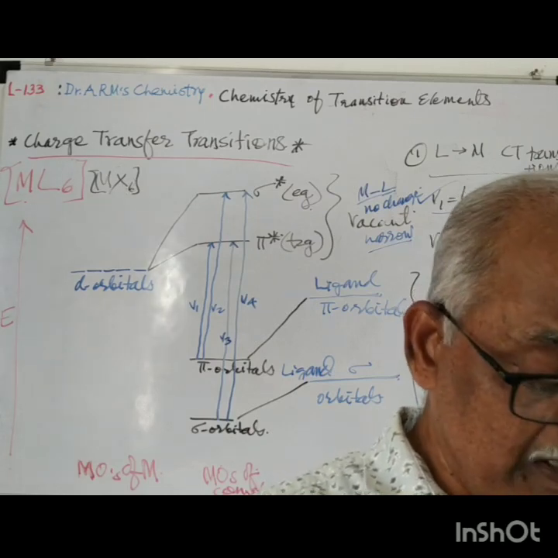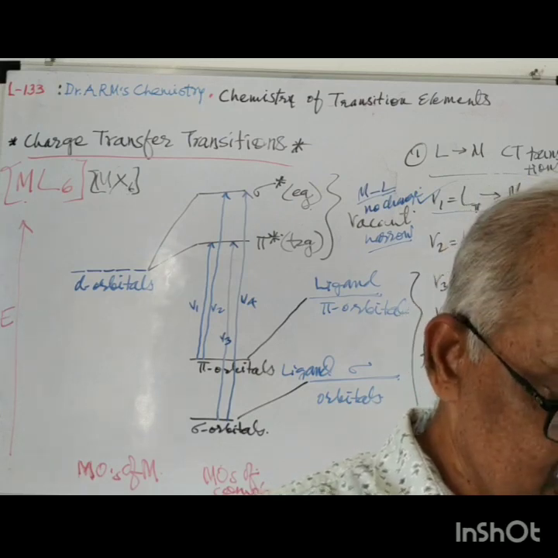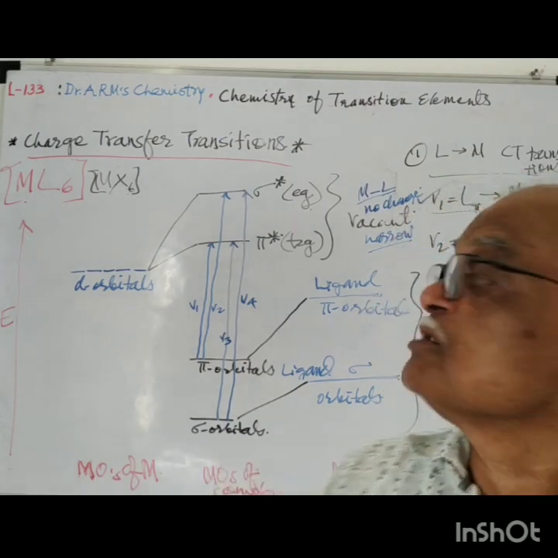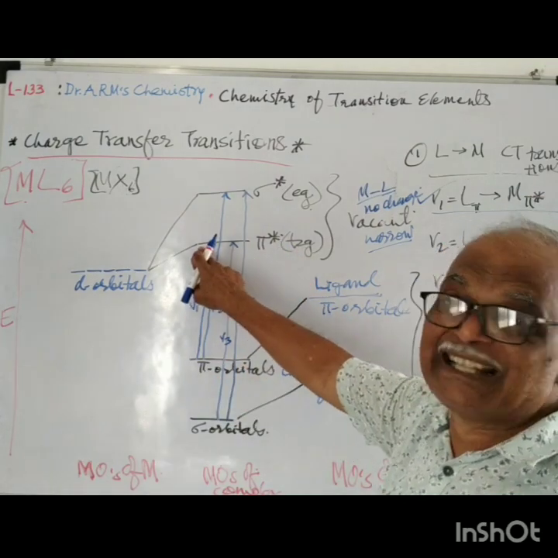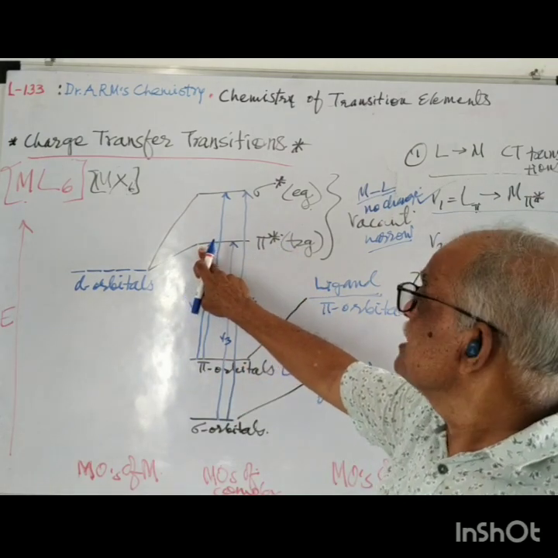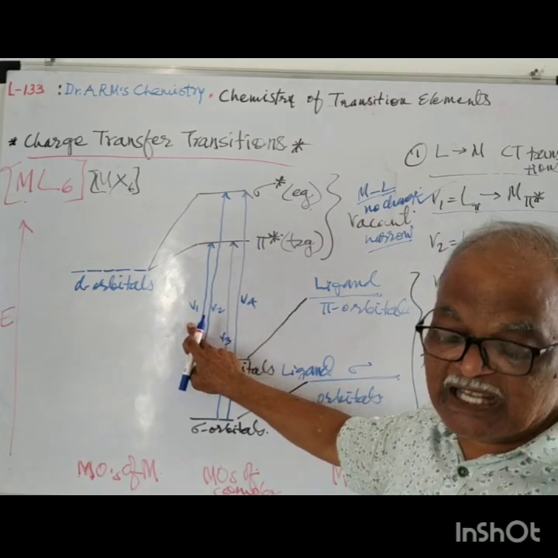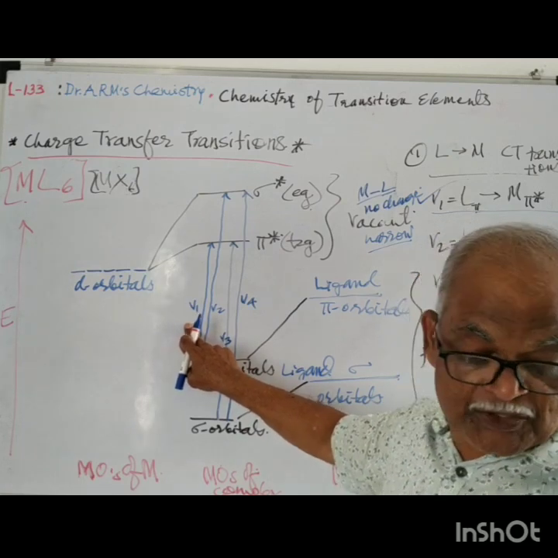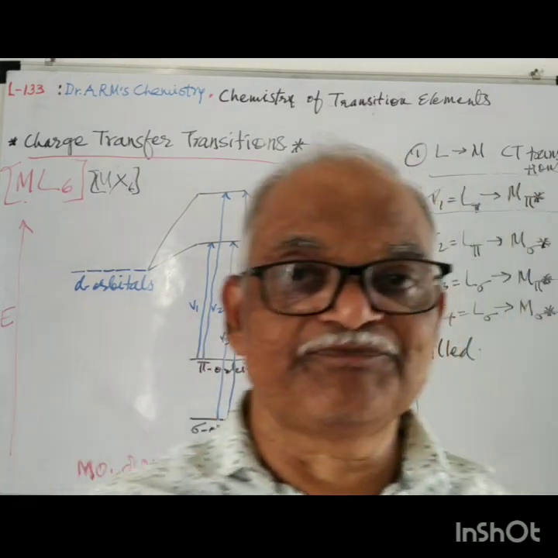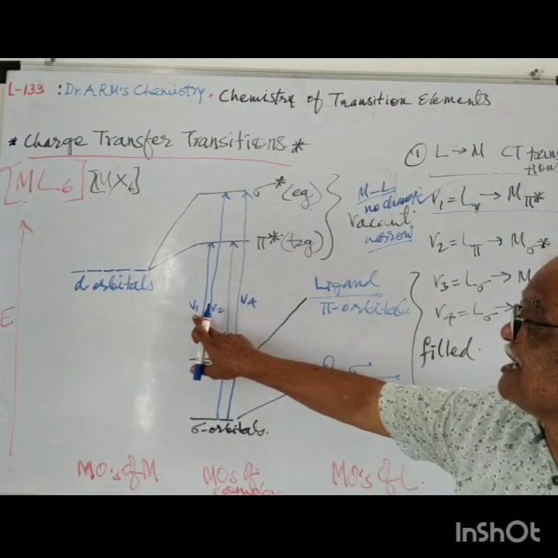So if the pi star T2 orbitals are filled, the excitation will not take place easily to these pi star T2. So these bands will be weaker or these bands will not appear. We will see later on in the table in which case such bands are missing.